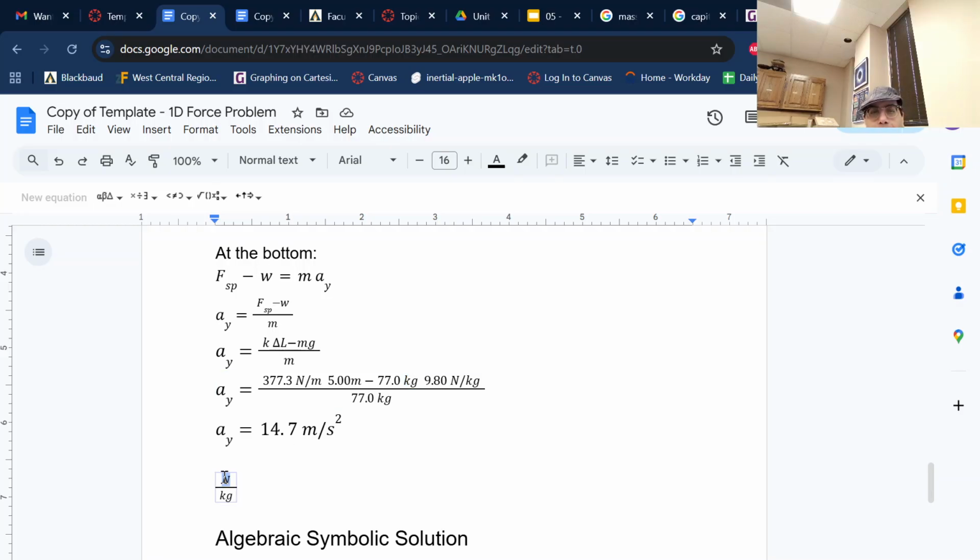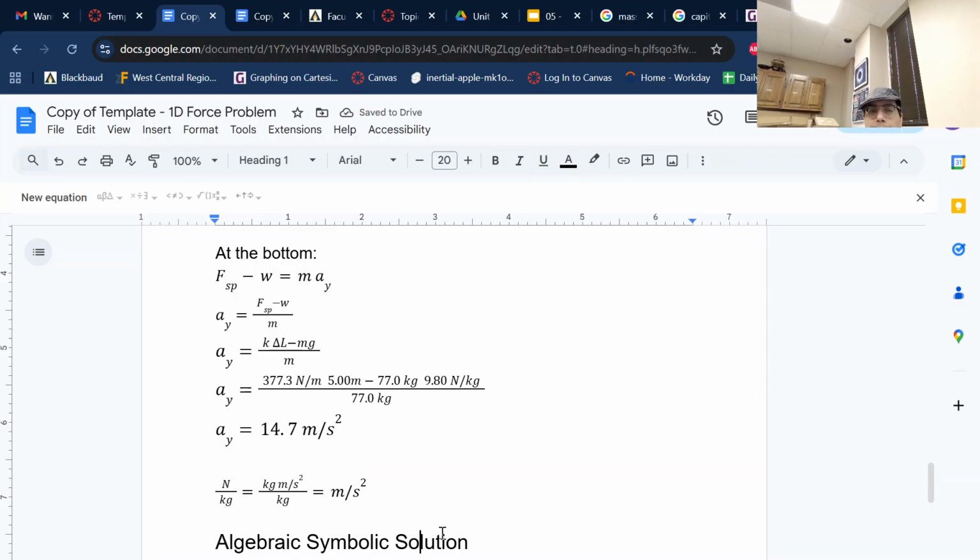So the numerator has newtons, the denominator has kilograms, and the definition of a newton is a kilogram meter per second squared. If you divide that by kilograms, you get meters per second squared. So that's our final answer for this.